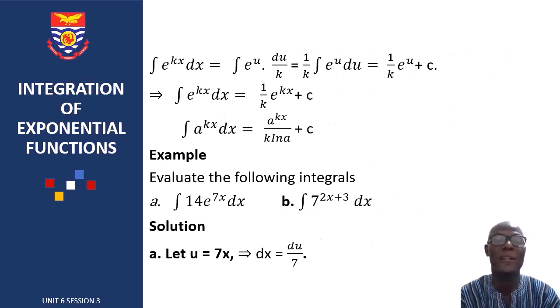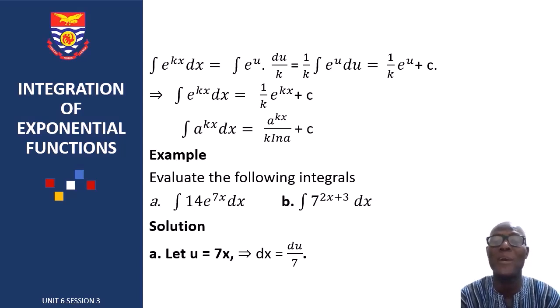The integral of e exponent kx dx is equal to the integral of e power u, since our kx is u. Then the dx should be written in terms of du, so we have du over k. Now 1 over k is a constant, so we bring it out to have 1 over k, the integral of e power u du.